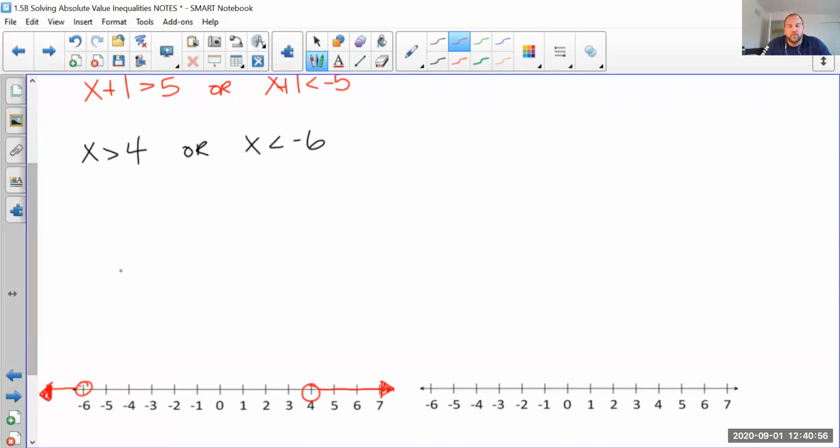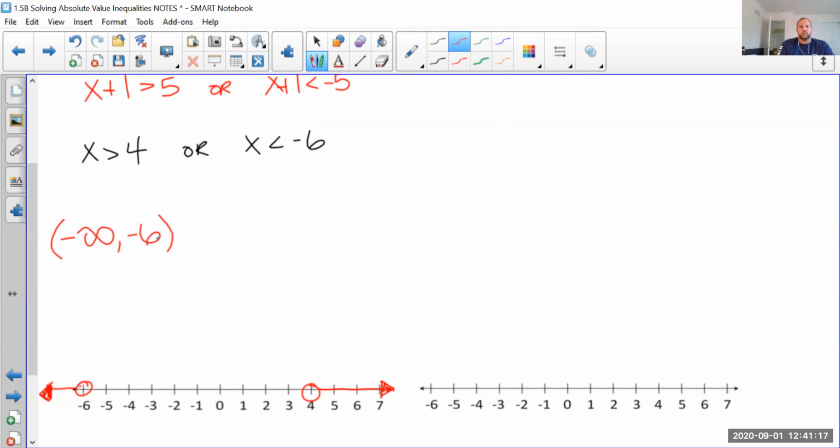Final step, write it in interval notation. Remember when we have these or problems where we have two different branches, we need two different sets of interval notations with that union symbol in the middle of them. So this is going to be negative infinity to -6, parenthesis, parenthesis.